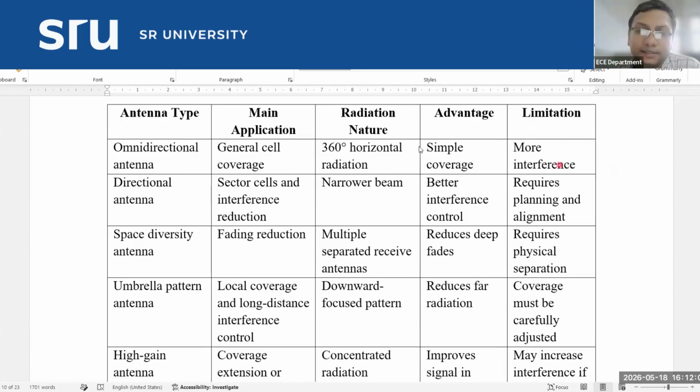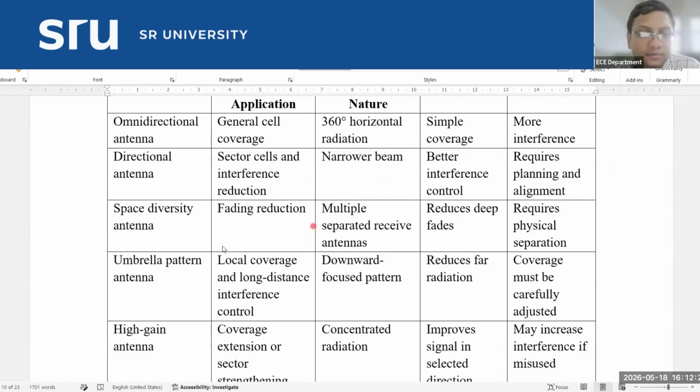But the limitation is interference. Then comes the directional antenna. It has a narrower beam, so it is able to focus power towards some designated area, not any unintended area. So the directional antenna is better for interference control.